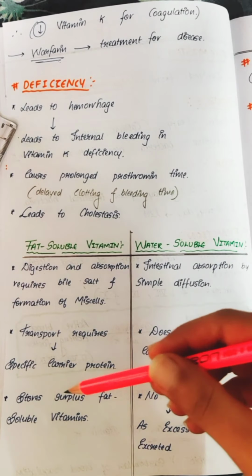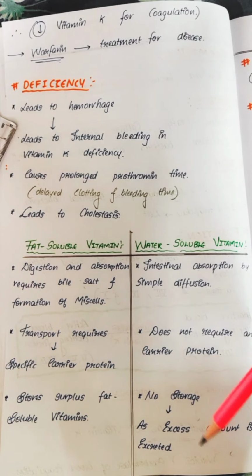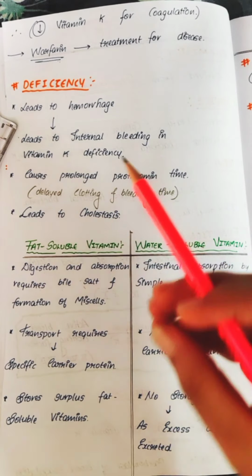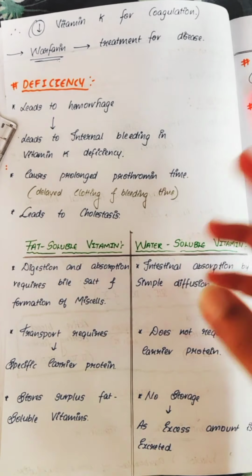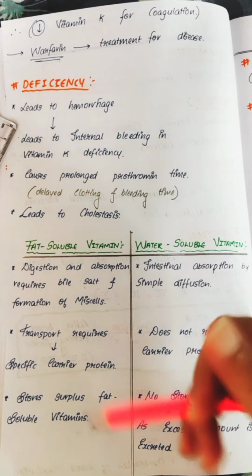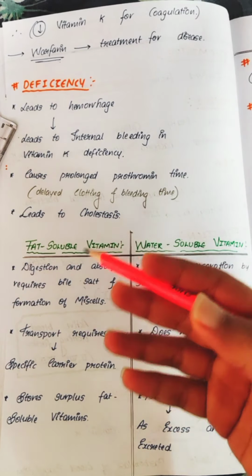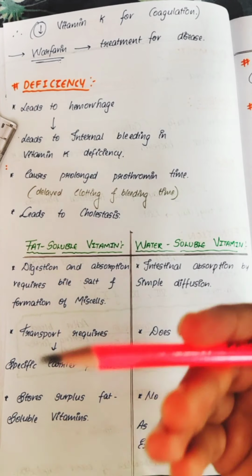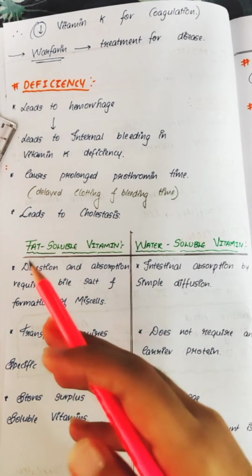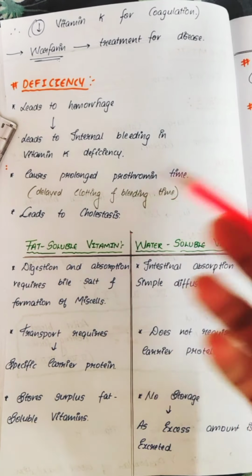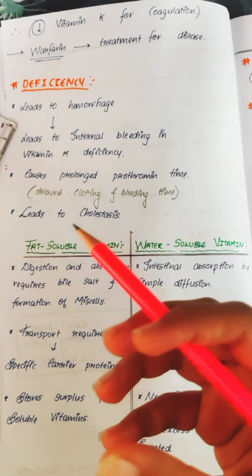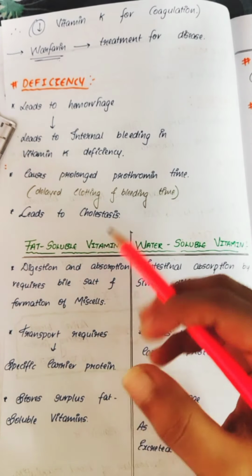The body stores the surplus fat soluble vitamin, but there is no storage of water soluble vitamins as they are easily soluble in water and excess amounts are easily excreted through urine. Some amount of fat soluble vitamin should be stored inside our body.